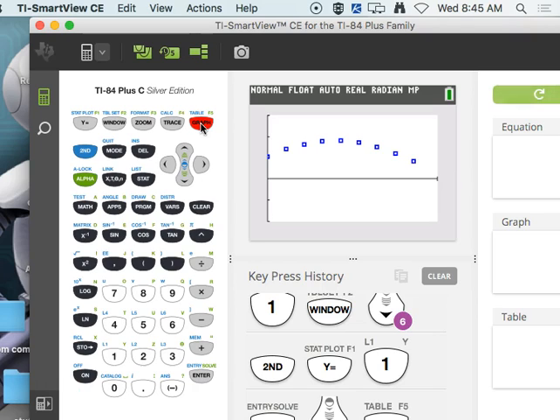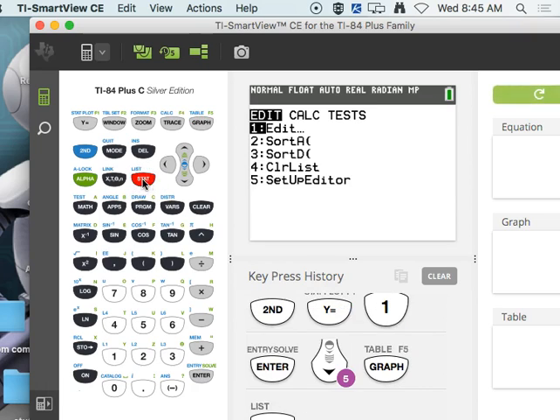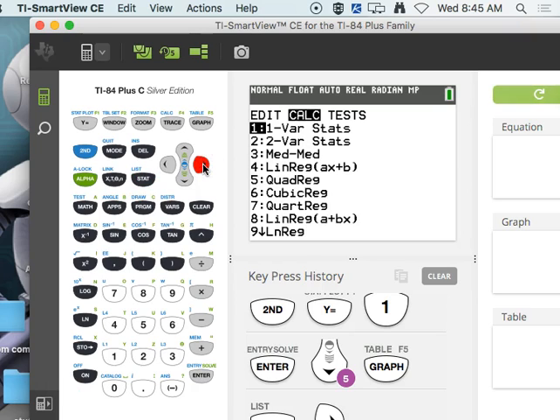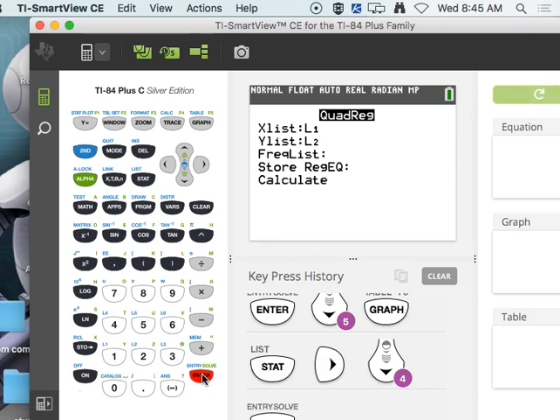So now the next thing we want to do is find that curve. In the past, when we wanted it to do regression, we had to hit stats, calculate. The regression we need is in this list, but we have to know by looking at it that we should use quadratic regression this time. Quadratic regression is number 5 down here. There are several different types of calculators in the room, so some of you are seeing just the statement quad regression along the bottom.